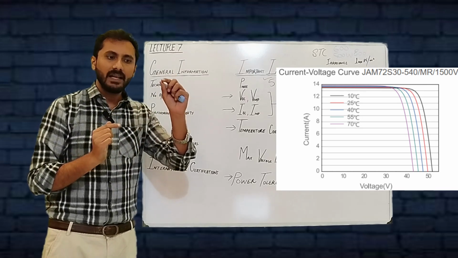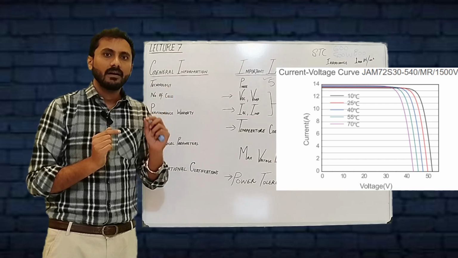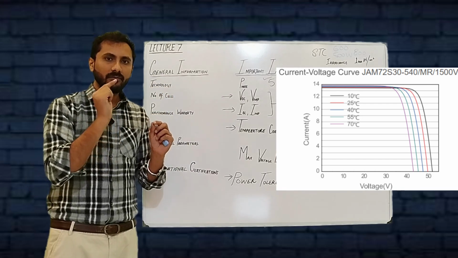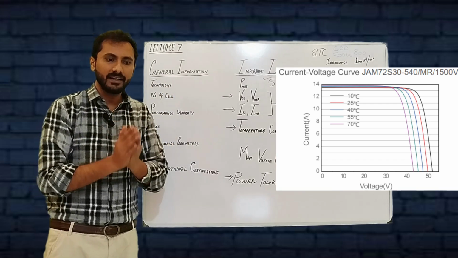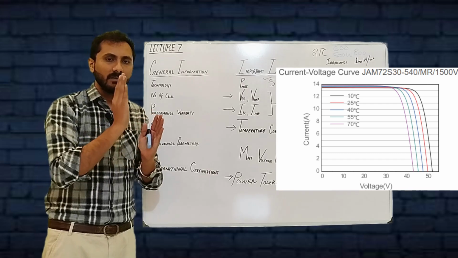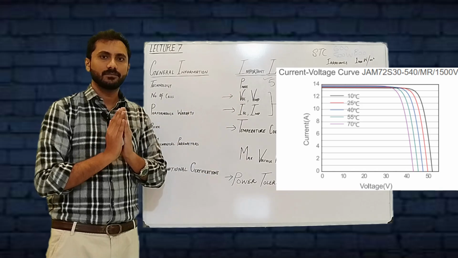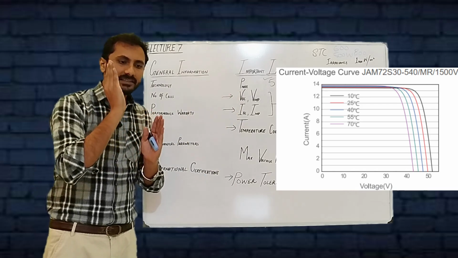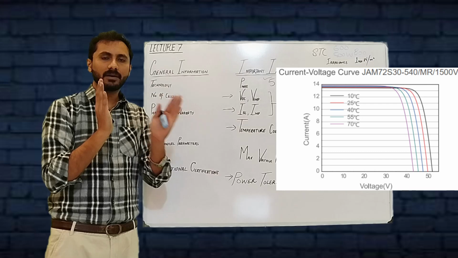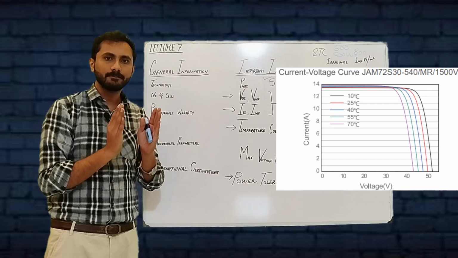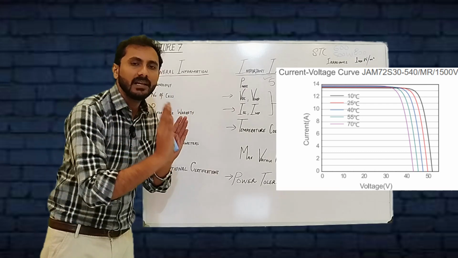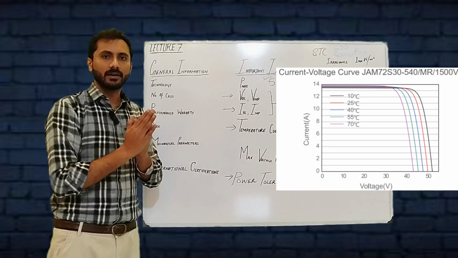But the current will be lower. Okay. The maximum current we will get at 25 degrees centigrade, voltage will be 49.9 and the current will be 14 amps. When the temperature is maximum at 70 degrees centigrade, the voltage will be lower, the current will be lower.